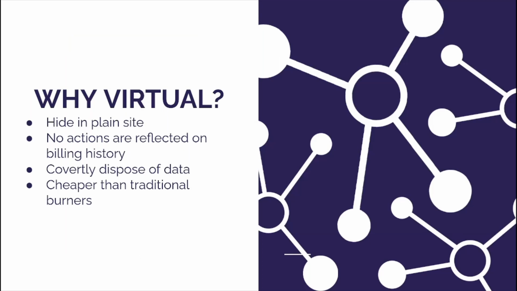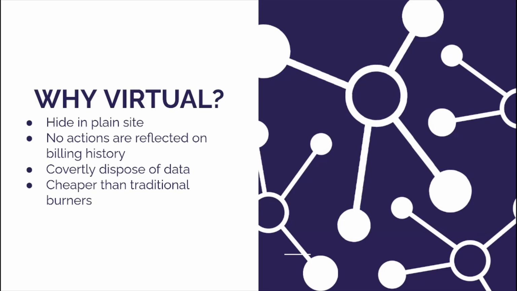So why go virtual? Like I mentioned before, you can hide this in plain sight because it is a secondary phone on your daily device. Any of your calls or messages won't be reflected on your carrier's billing history, which can be really important.